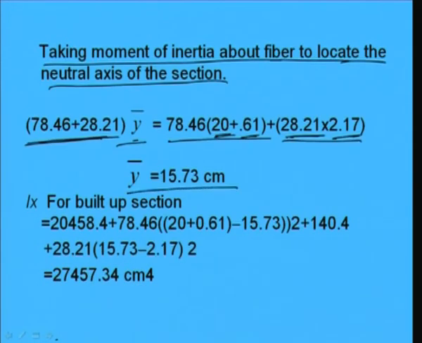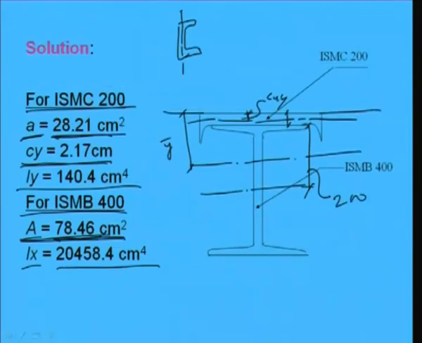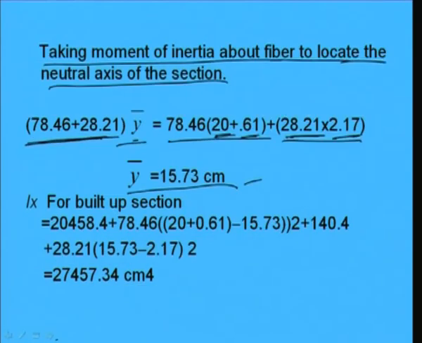So, y bar is becoming 15.73 centimeter, the neutral axis depth from the top fiber. Now we have to find IX, the moment of inertia of the built up section about this. IX will be the IX of the individual I section plus A R square because of shifting.